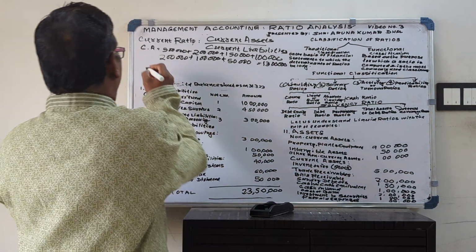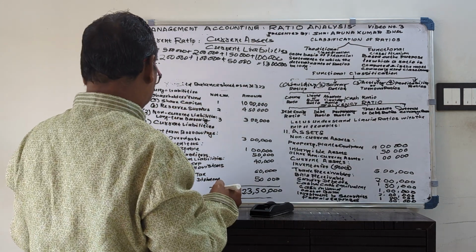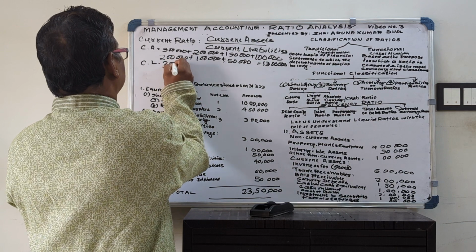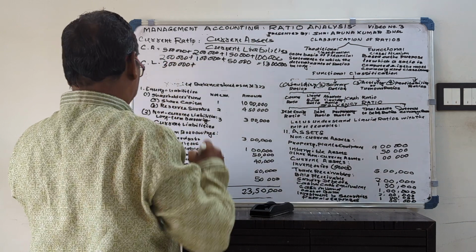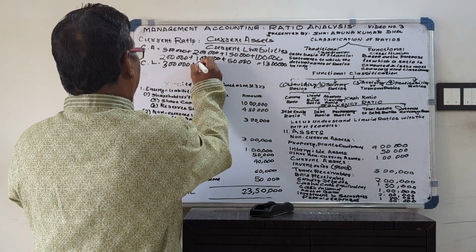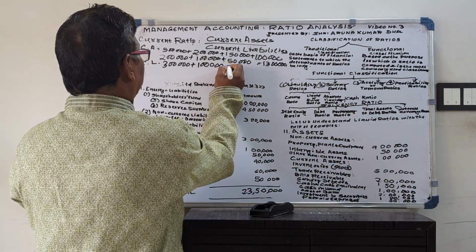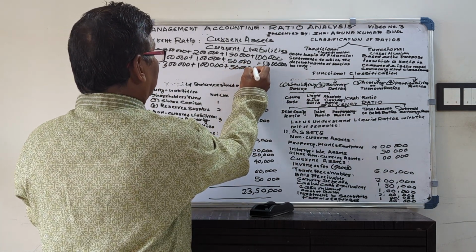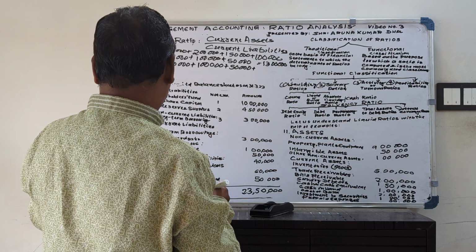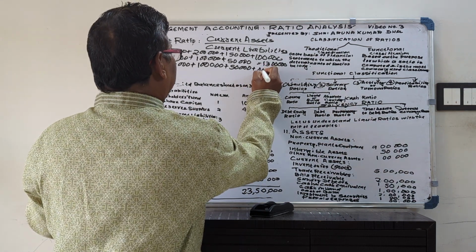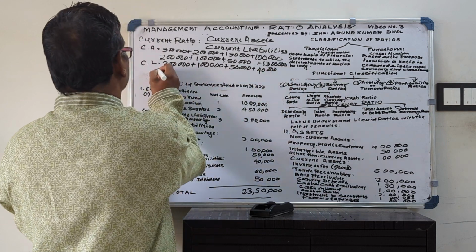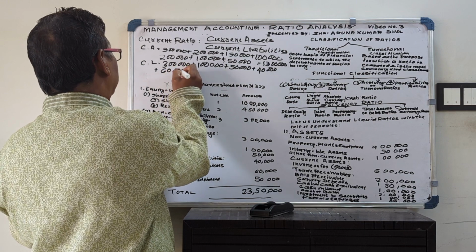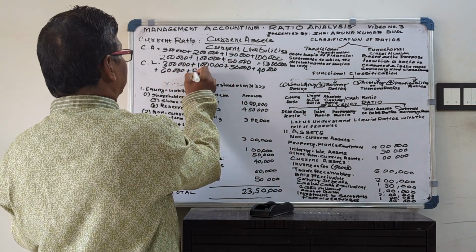Then under current liabilities: bank overdraft 3 lakhs, plus bills payable 1 lakh, sundry creditors 50,000, outstanding expenses 40,000, then provision for tax 60,000, and provision for dividend 50,000.